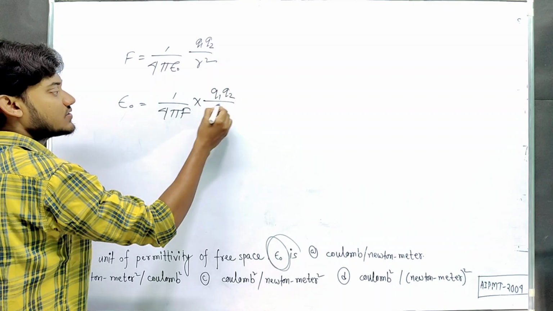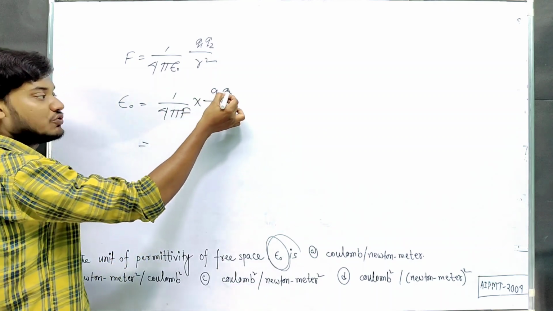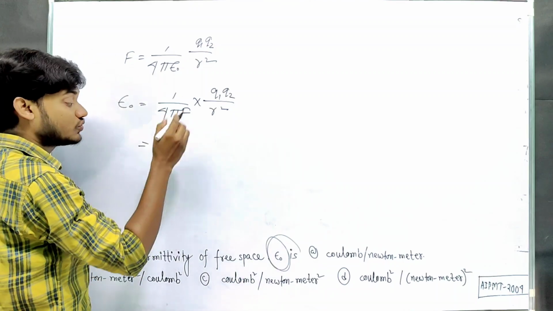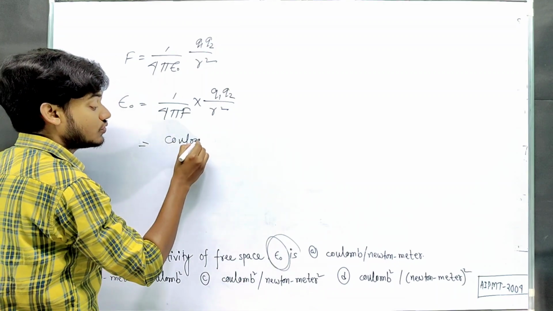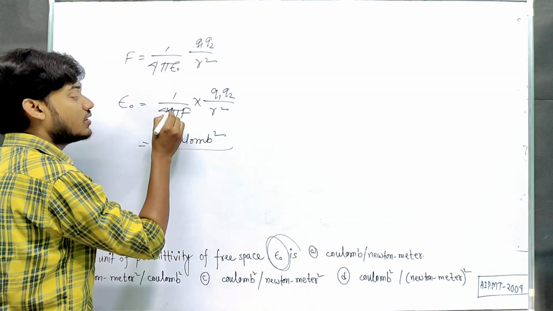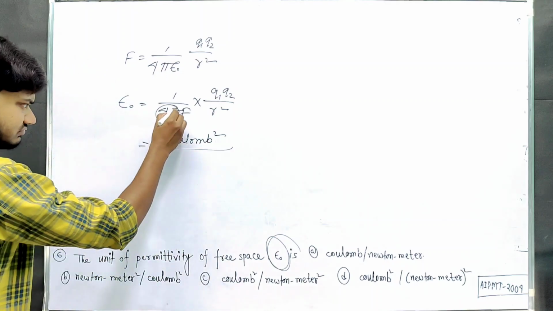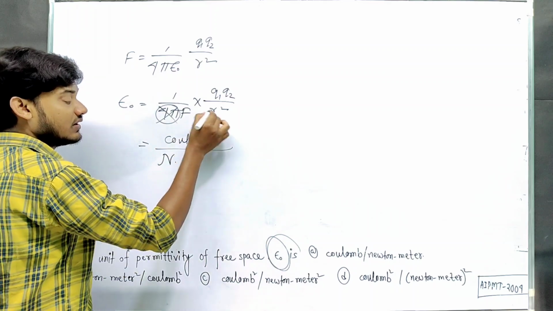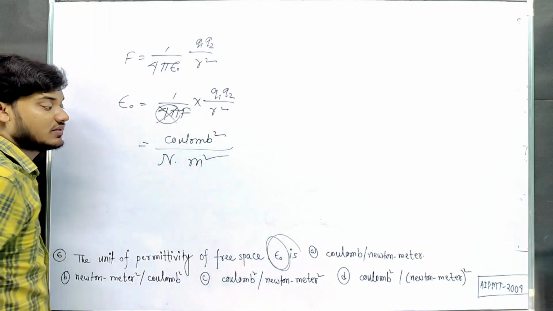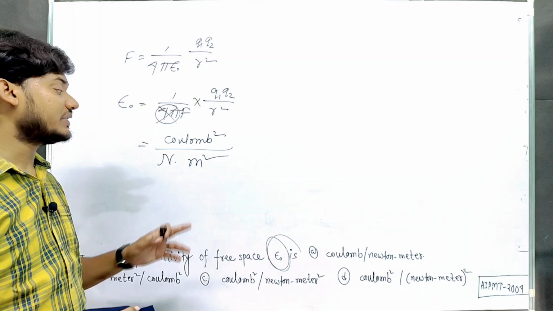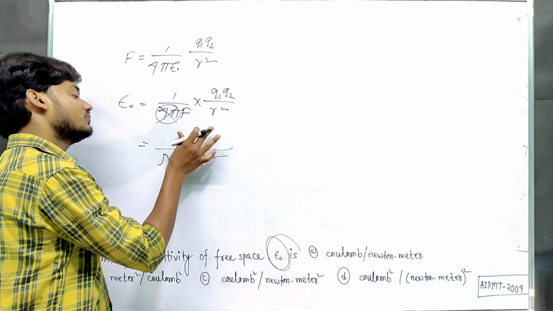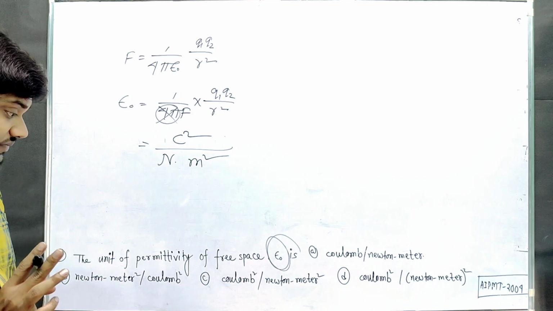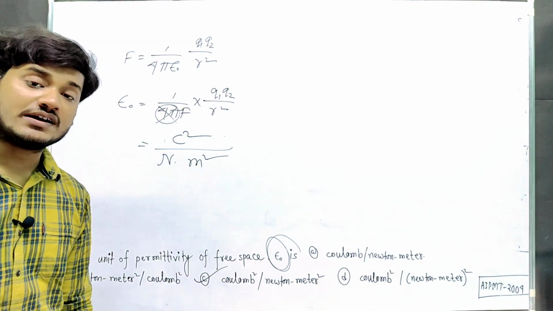Q1 Q2 is charge into charge, and the unit of charge is coulomb, so coulomb square. 4 pi is a number, so there is no unit. Force is newton, R square is meter square. So coulomb square per newton meter square. Option C is right. Okay.